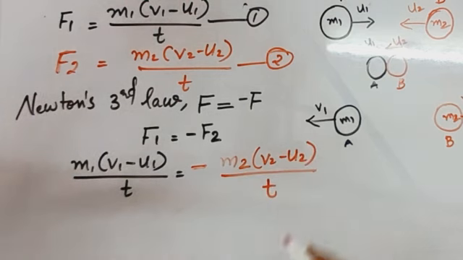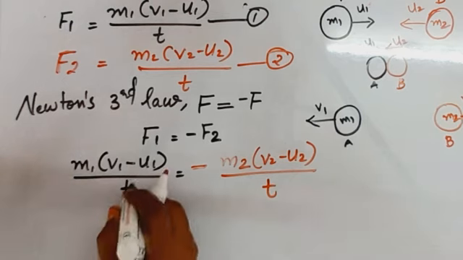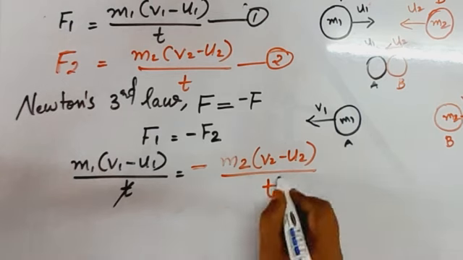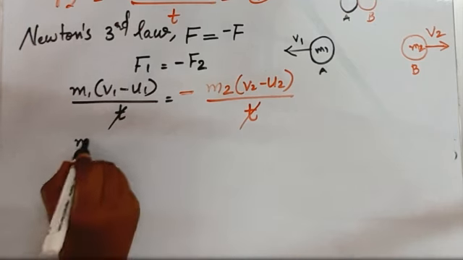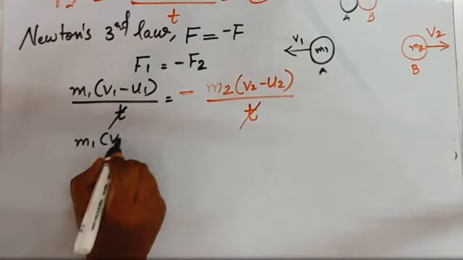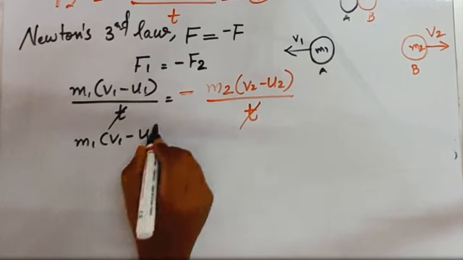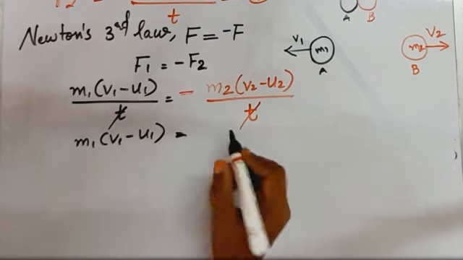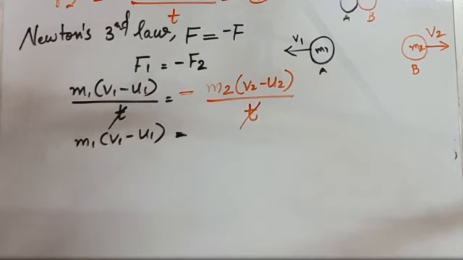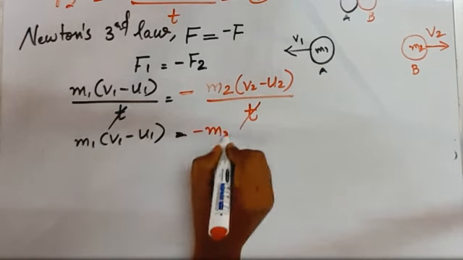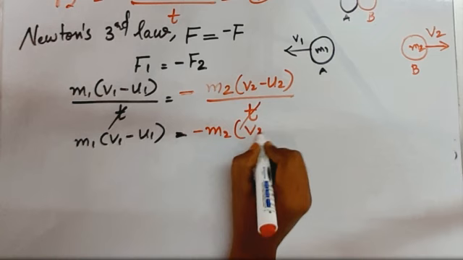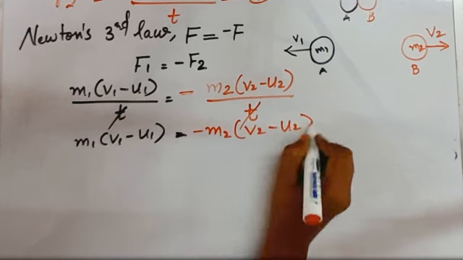Then here T will be cancelled. Then we can write M1 into V1 minus U1 is equal to minus M2 into V2 minus U2.